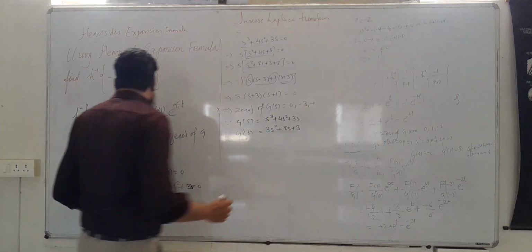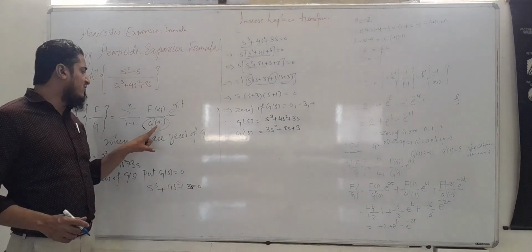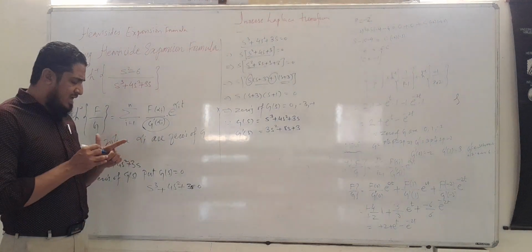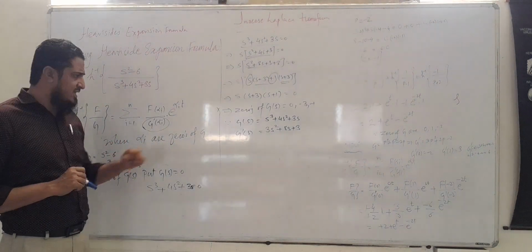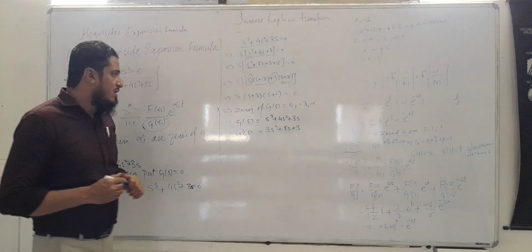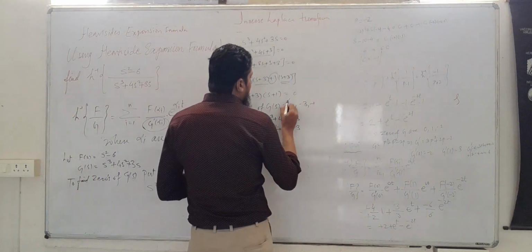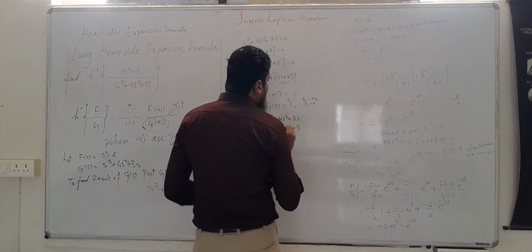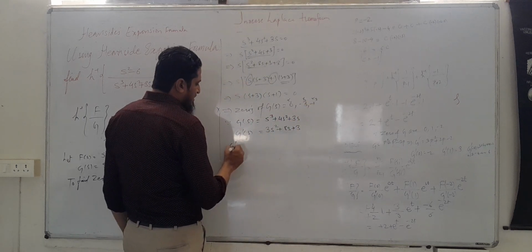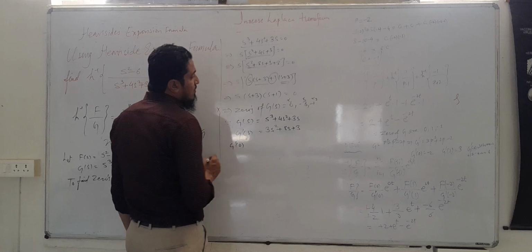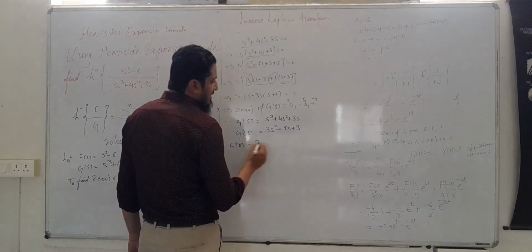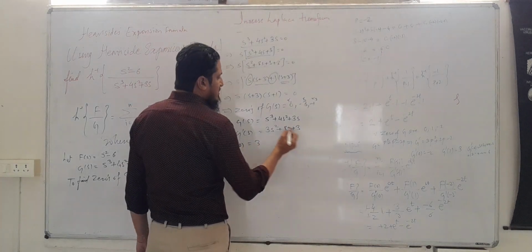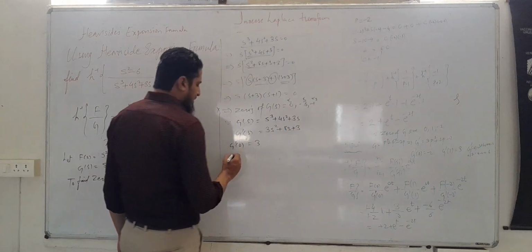Now we have to calculate g dash of alpha i, where alpha i are the zeros of g. So alpha 1 becomes 0, alpha 2 becomes minus 3 and alpha 3 becomes minus 1. So g dash of 0, we will get 3 only, since it becomes 0 plus 0 plus 3.